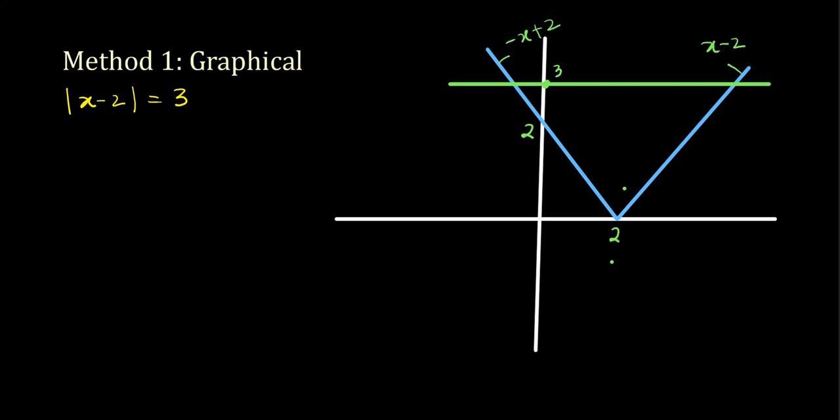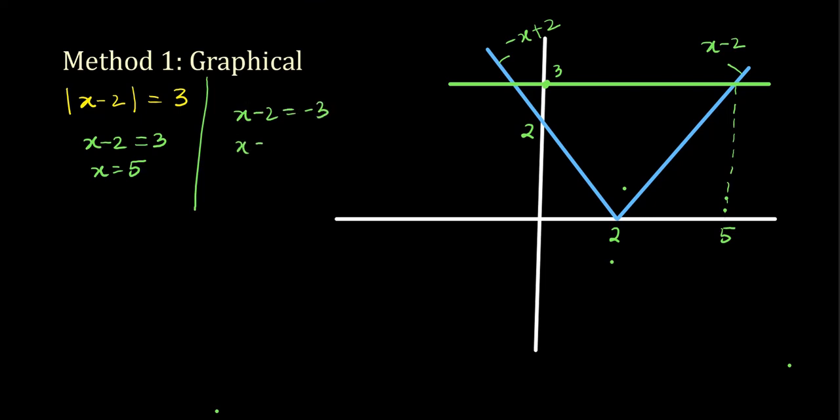Let me find out the point of this by writing x minus 2 equal to 3. So x is equal to 5. So this point is x equal to 5. And second point you will obtain by writing this as minus x plus 2, or you may write x minus 2 is equal to minus 3.